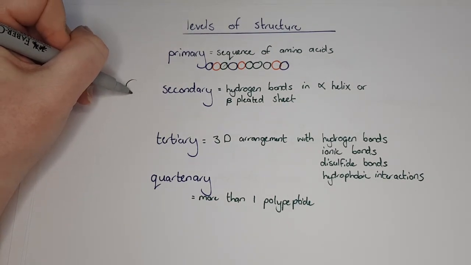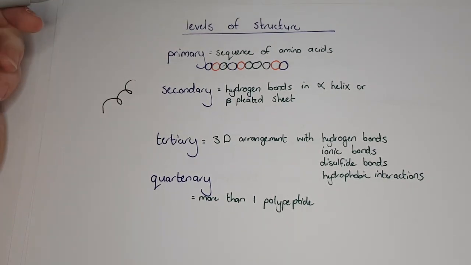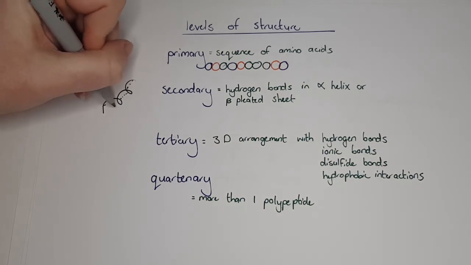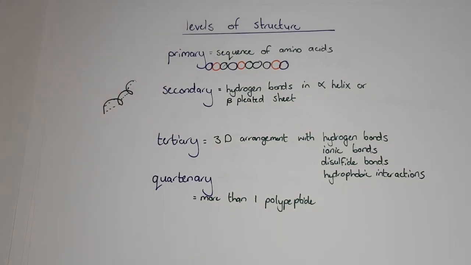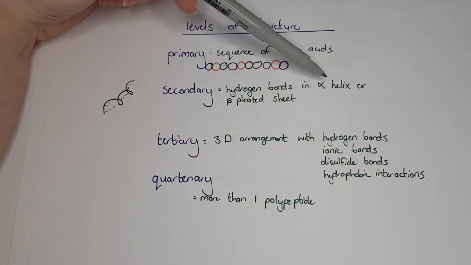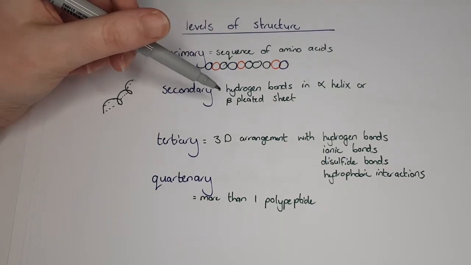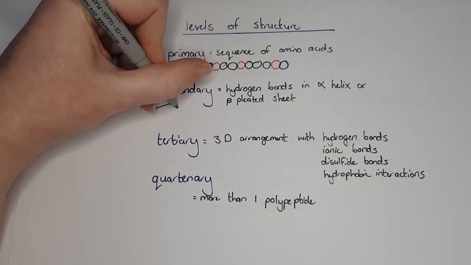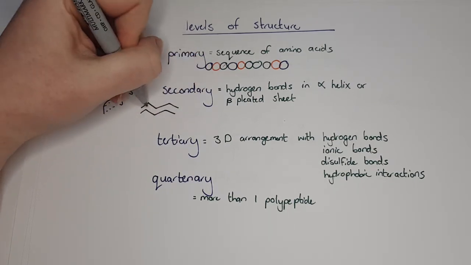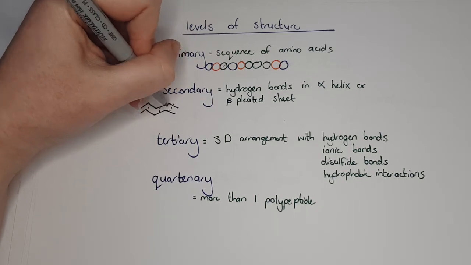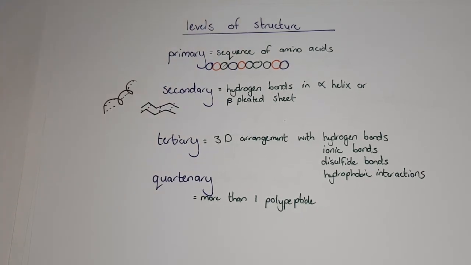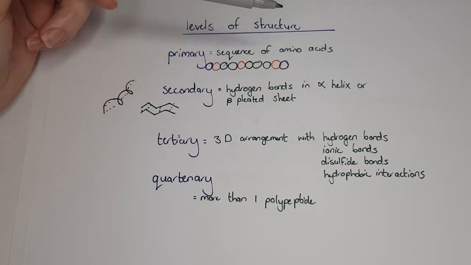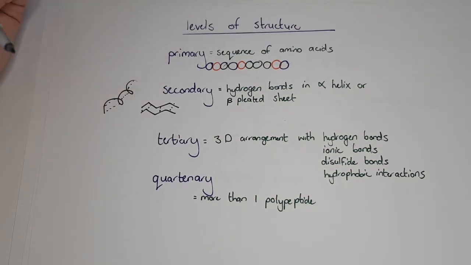So it starts to form a helix with hydrogen bonds forming between our chains. We call that an alpha helix, or it could form a beta pleated sheet in which they form little pleats around each other. So that's a secondary structure with hydrogen bonds in an alpha helix or a beta pleated sheet.